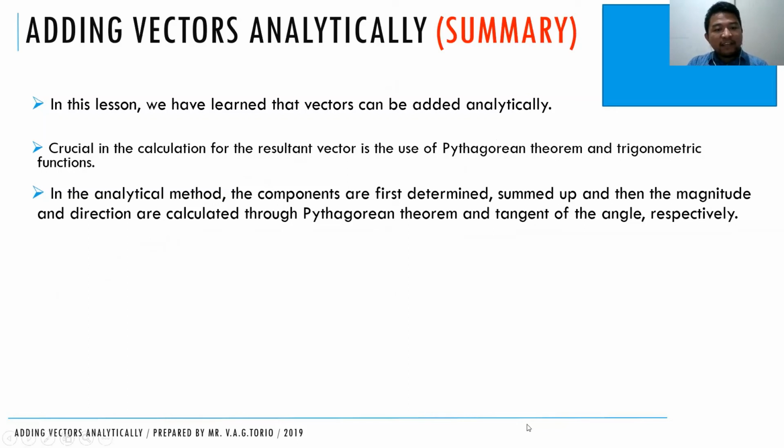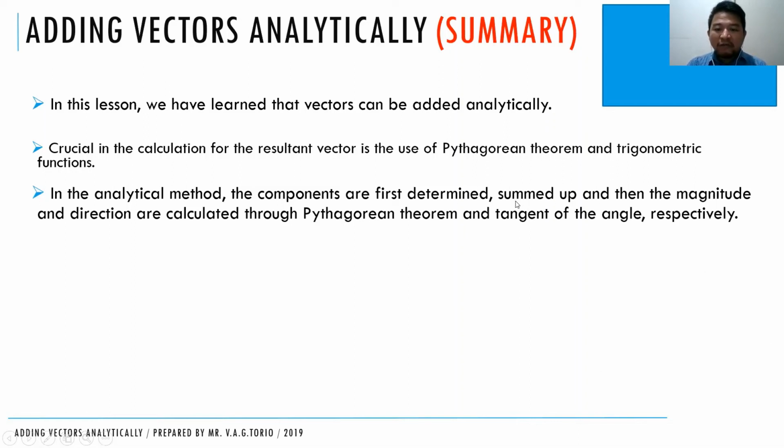The steps that we follow in the analytical method are, number one, we first determine the components of the given vectors. In the example that I've shown, we calculated the components of the two vectors that we have. And then we sum up.